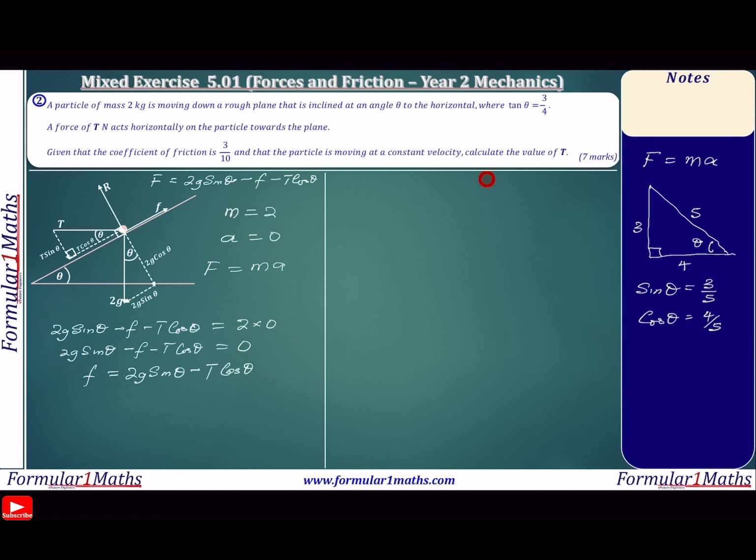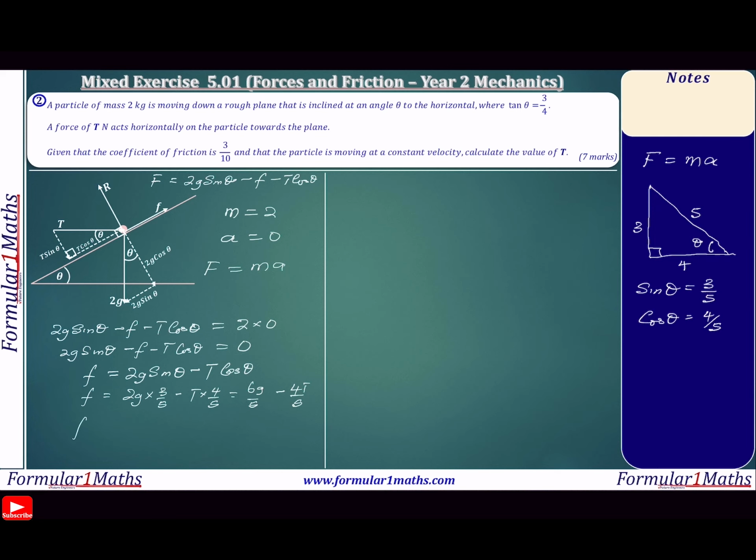So I can do my substitution into this equation here as follows. F is equal to 2g times 3 over 5 minus T times 4 over 5. That gives me 6g over 5 minus 4T over 5.